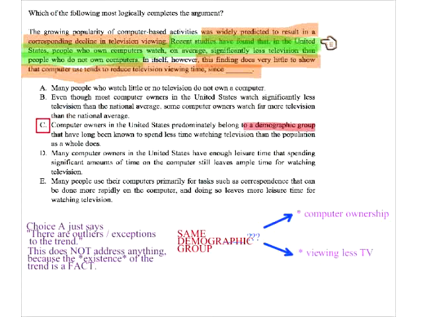You don't need a perfect lockstep correlation. So make sure you know this. This is a very common type of wrong answer, but if there is a trend, then there is a trend. And the fact that there are a few exceptions doesn't change anything.